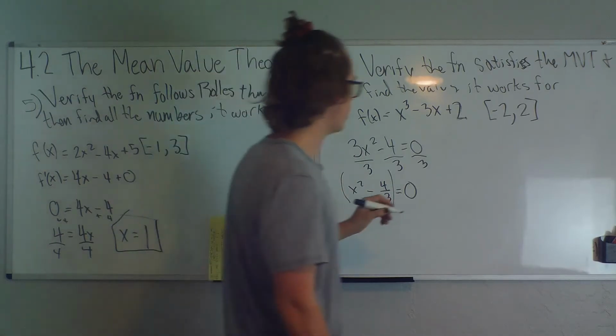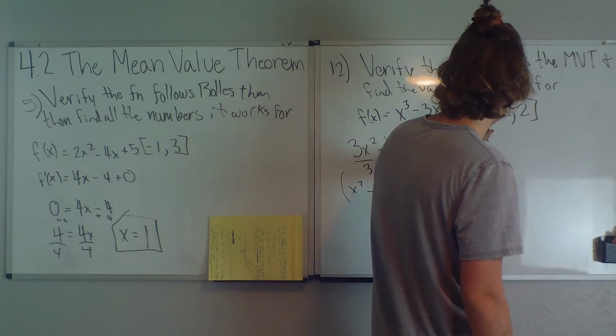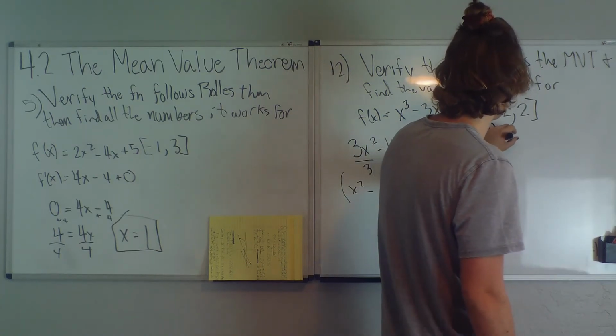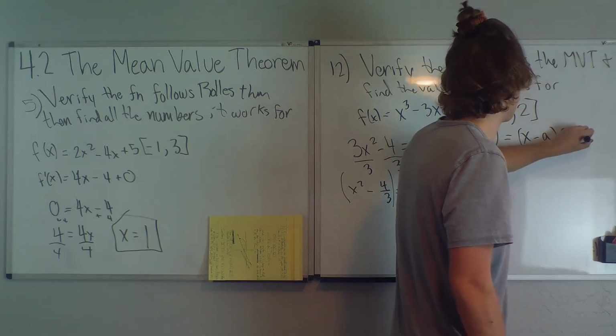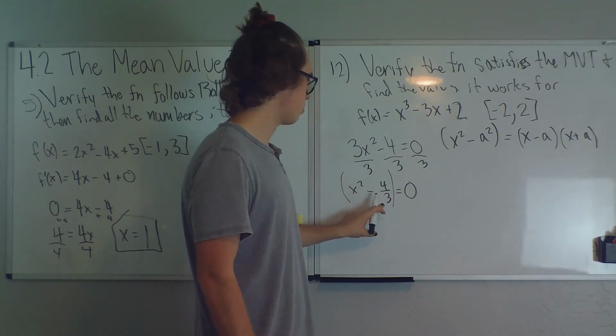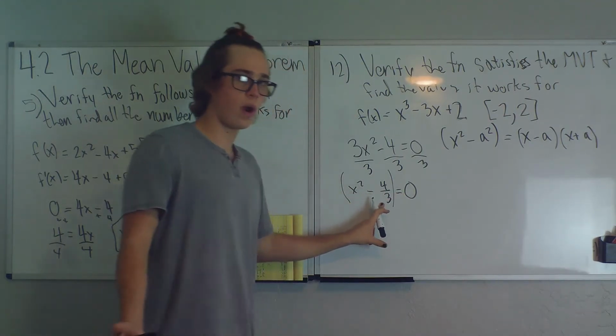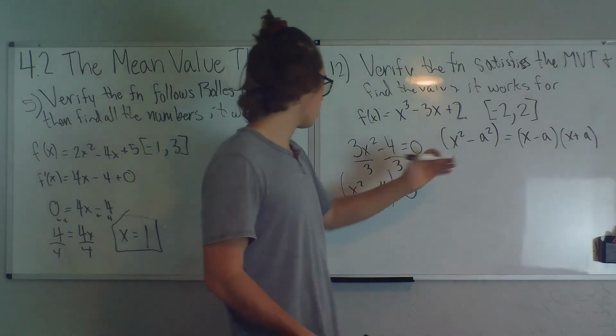But we have a property that states x squared minus a squared is equal to x minus a times x plus a. So look, we have an x squared minus, well, that's a squared because it's a real number, so it can be square rooted. And we see, okay, well then we just break it up.